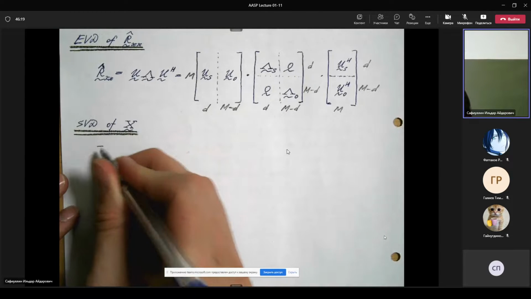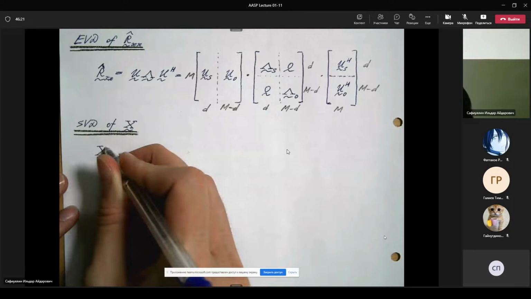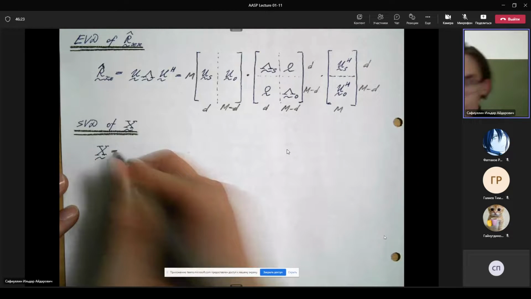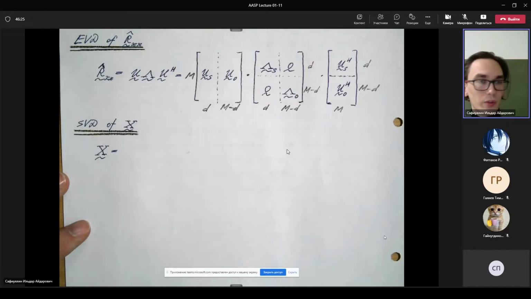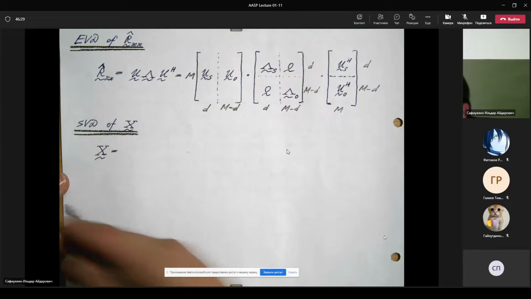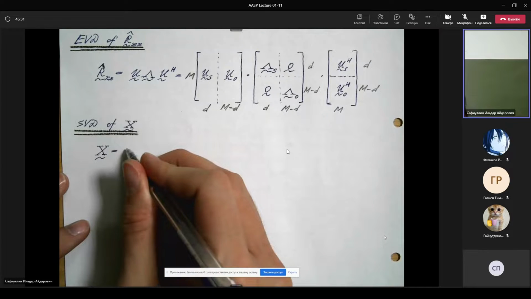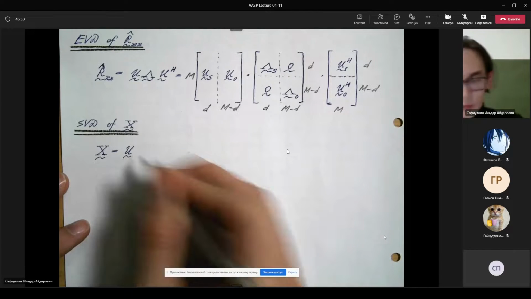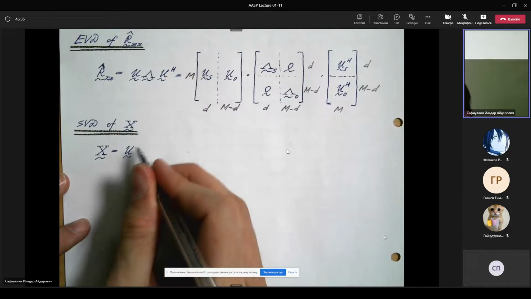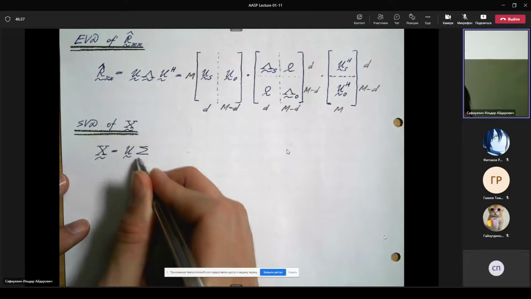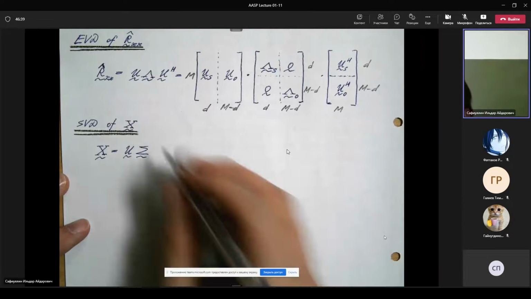Matrix X can be represented using singular value decomposition in the following way. We multiply U times matrix sigma times matrix V Hermitian.